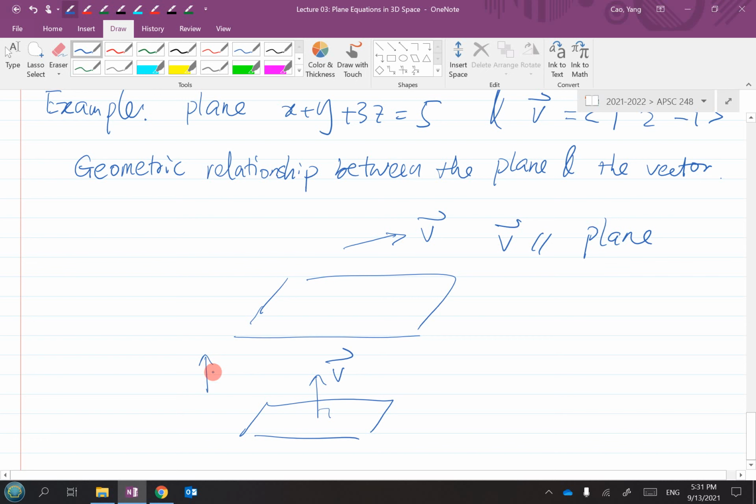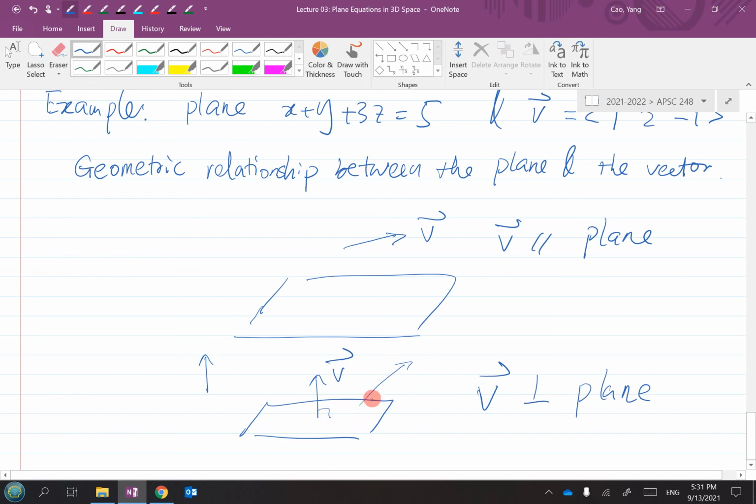You can move it around. So that's a second special relationship. This V is perpendicular to the plane. And the third one, the vector is probably in an arbitrary location, but if you extend it, the vector will form an angle, but not 90 degrees, with the plane.